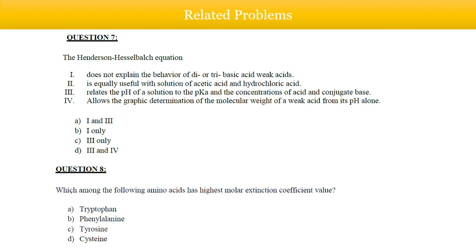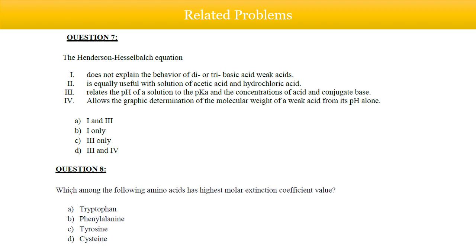The Henderson-Hasselbalch equation is pH equals pKa plus log of conjugate base over acid, and it definitely relates the pH to the pKa of the solution. Whereas it does not explain any behavior of di- and tribasic acids.